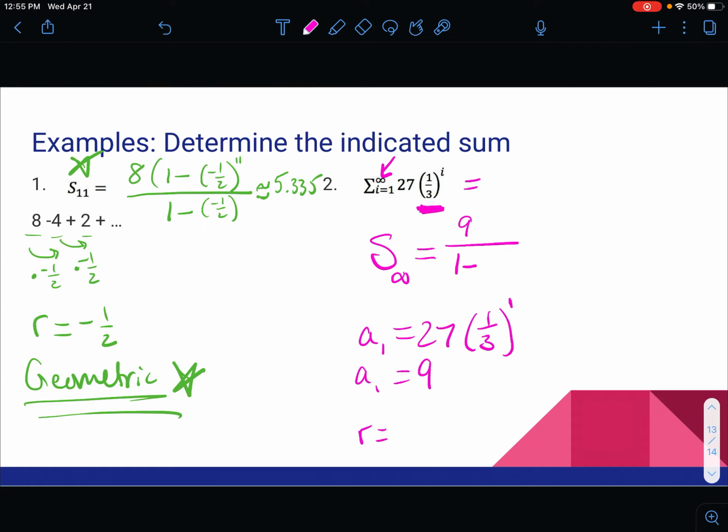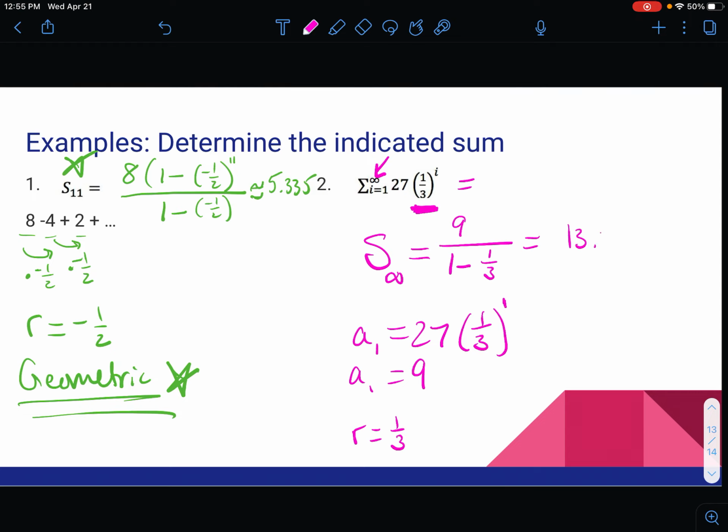Now, what's the ratio? It is 1/3. That's our common multiplier. So 1 minus 1/3. And this is going to equal 13.5. Identify it's geometric. I know my R, I know my first term, and I can use the appropriate formula.